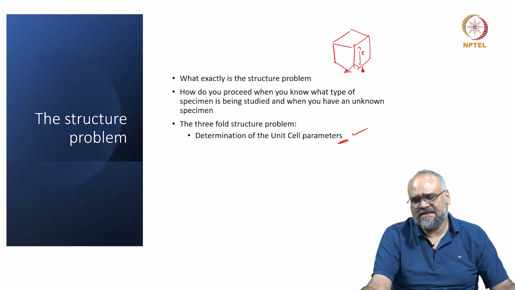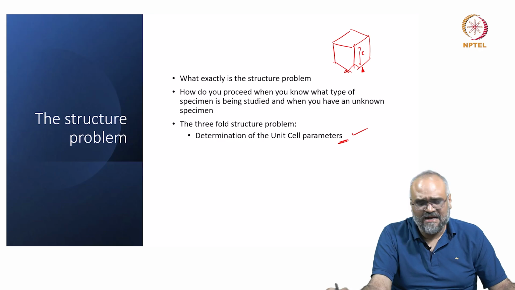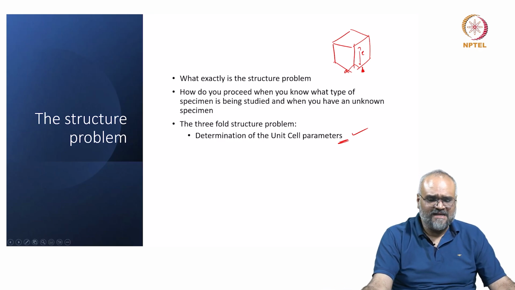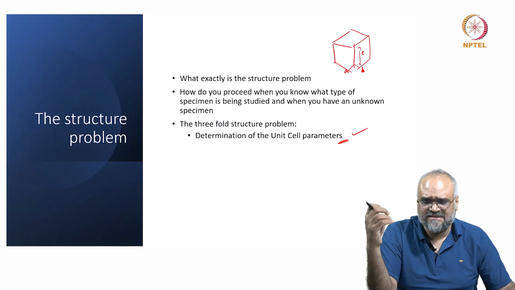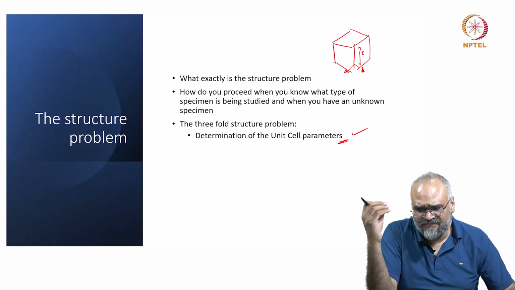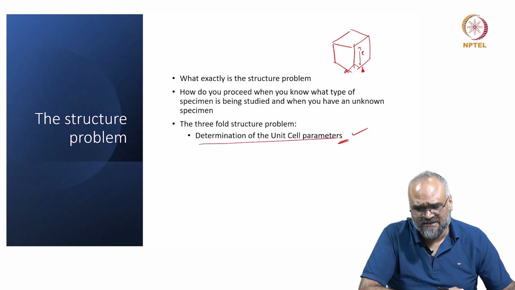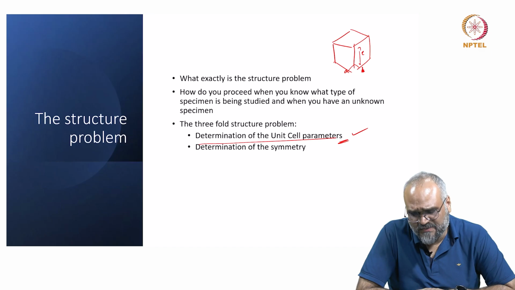Most commonly, when I do X-ray diffraction and I do not do any Rietveld refinement, or any computation of diffraction patterns from assuming a crystal structure, or even if I am doing this with regular electron diffraction, I would typically determine just the unit cell parameters. Then you have to determine the symmetry as well.